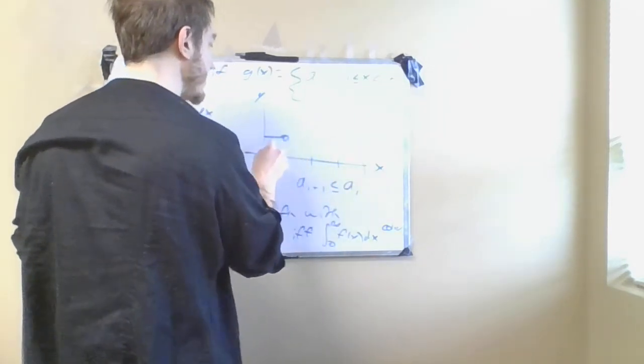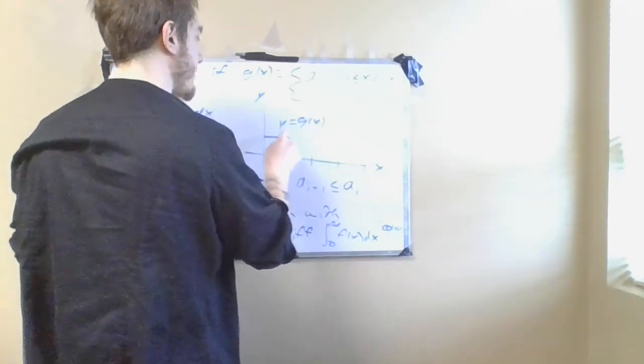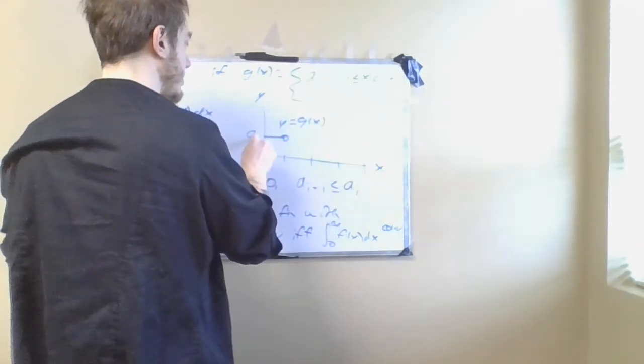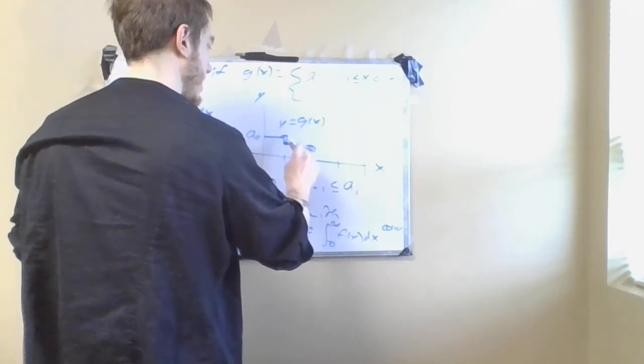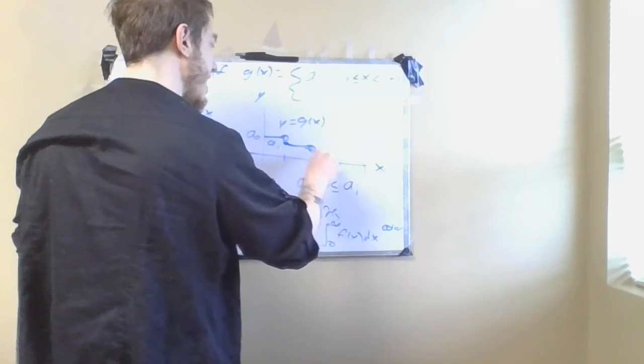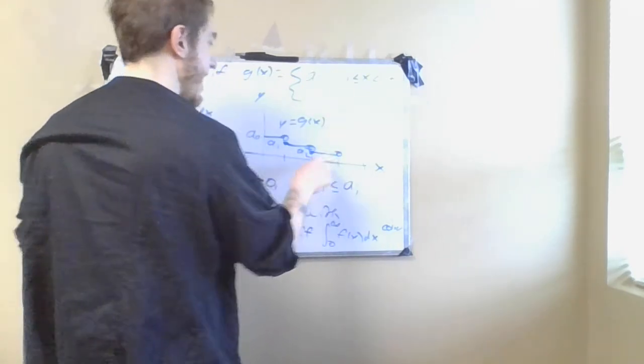On each of these intervals, if I look at y equals g of x, this is just going to be a 0, and then a 1, and then a 2, and so on.